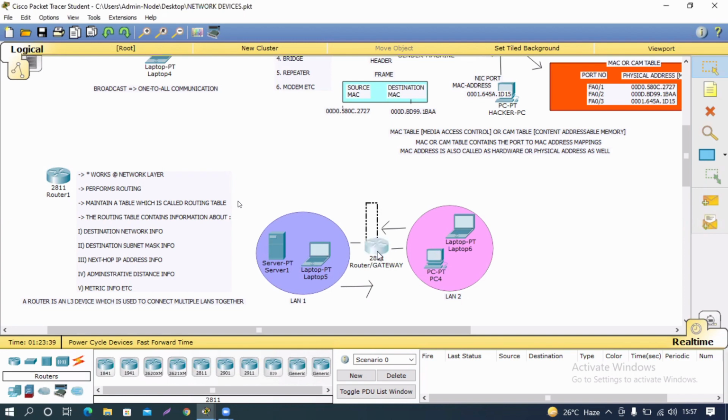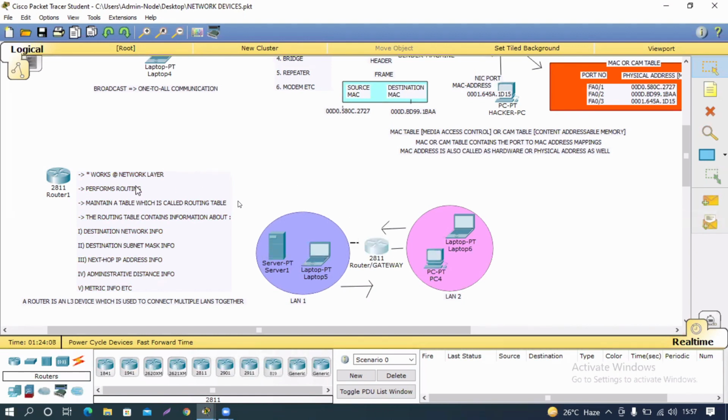So this router is doing communication between all these things. From this machine to this machine, if communication needs to happen, it needs to be the router which is connecting both LANs together. The main purpose of a router is to perform routing, because this device directly works at the network layer. The main function of the network layer is to perform routing, and this is the device which does that.